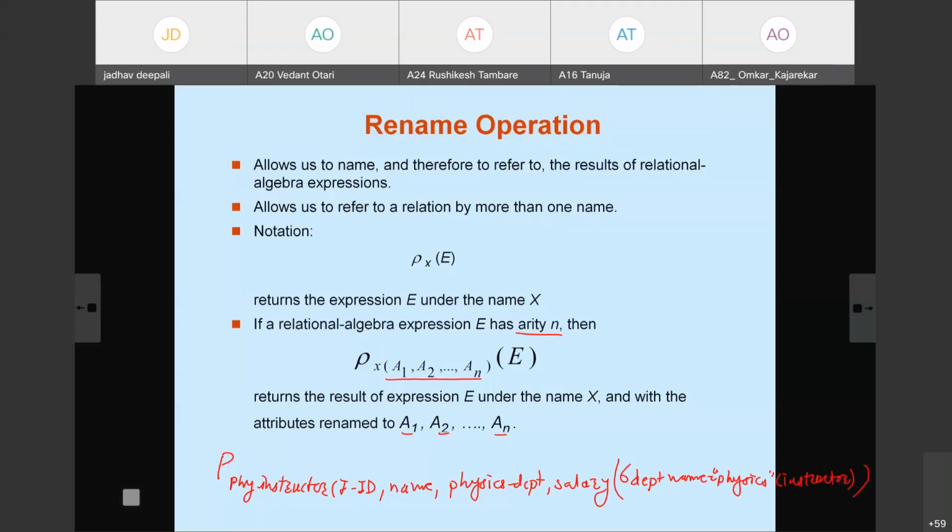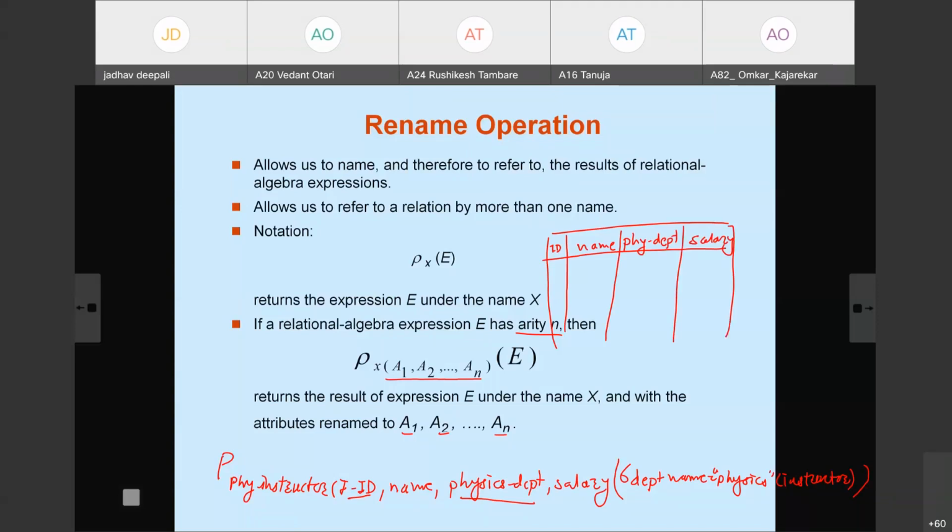The result of this relation has 4 attributes: ID, name, department name and salary. But here I rename the department name as physics department. So in the resulting relation, the attributes are ID, name, physics department instead of department name, and salary.